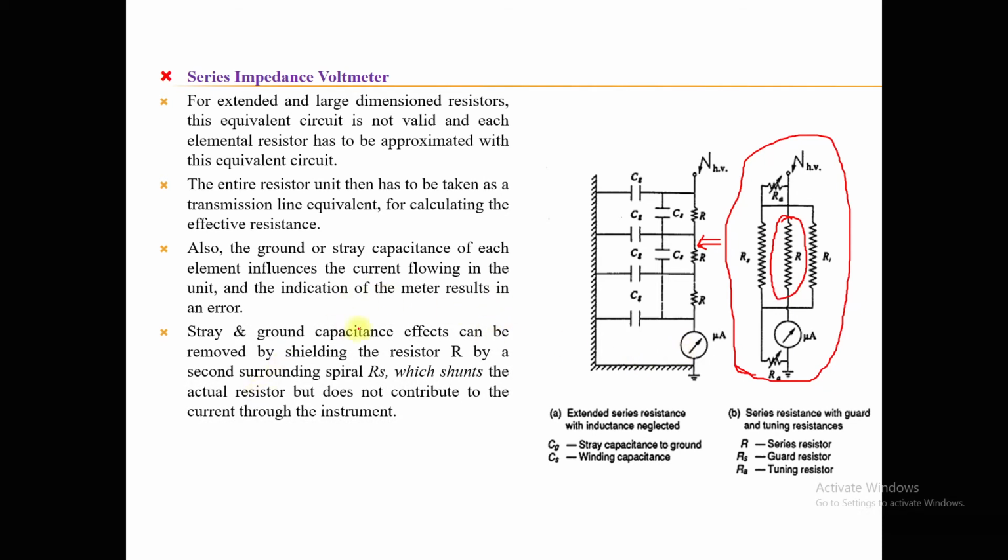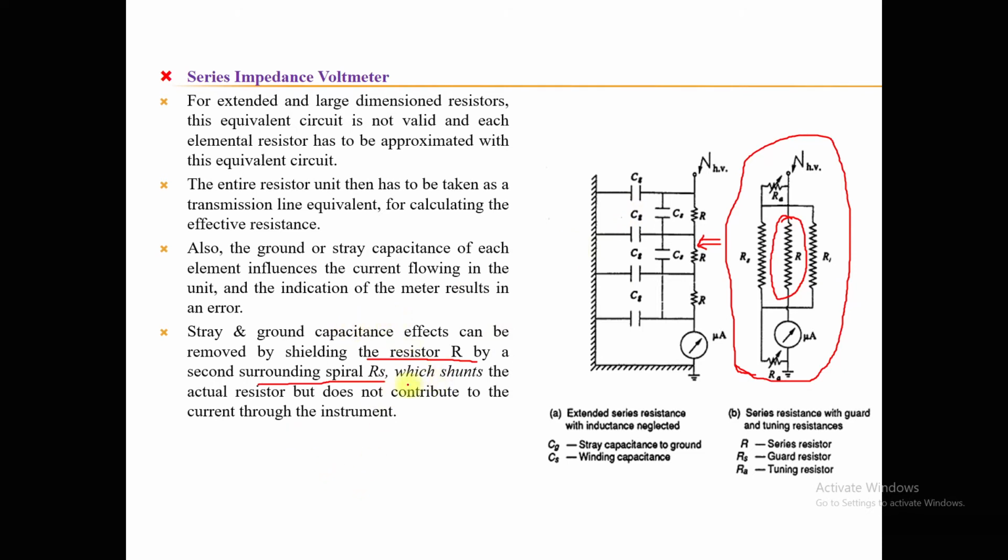Stray and ground capacitance effects can be removed by shielding the resistance R by the spiral resistors RS. Here you can see the effect of the ground capacitance and the stray capacitance can be eliminated by covering this resistance. Once we provide the shielding to this high voltage resistor, the effect of the ground and stray capacitance can be eliminated.